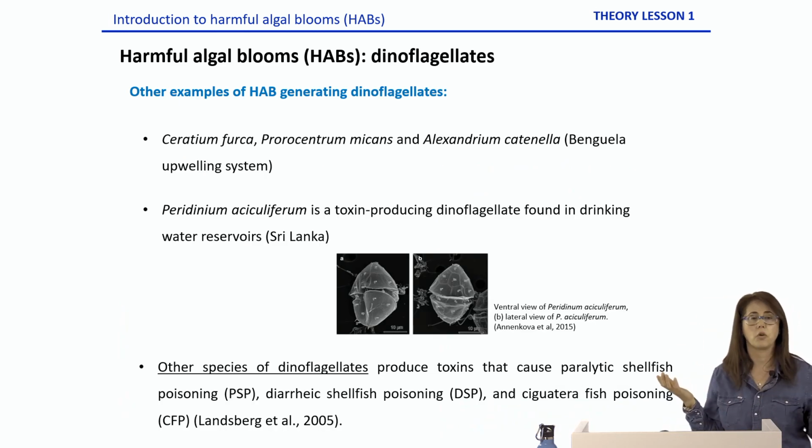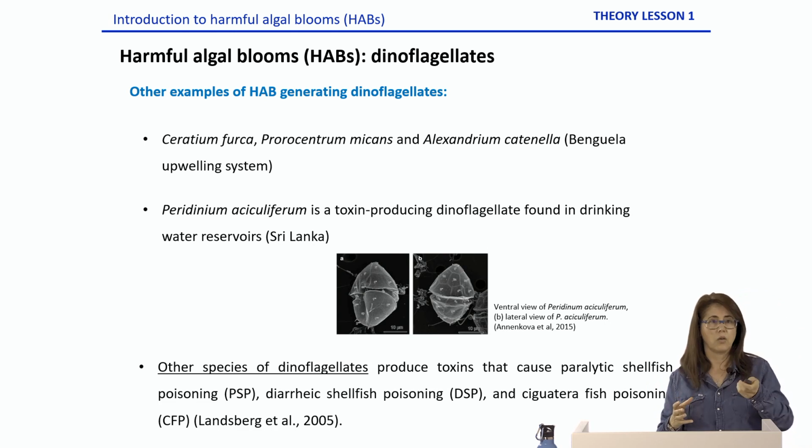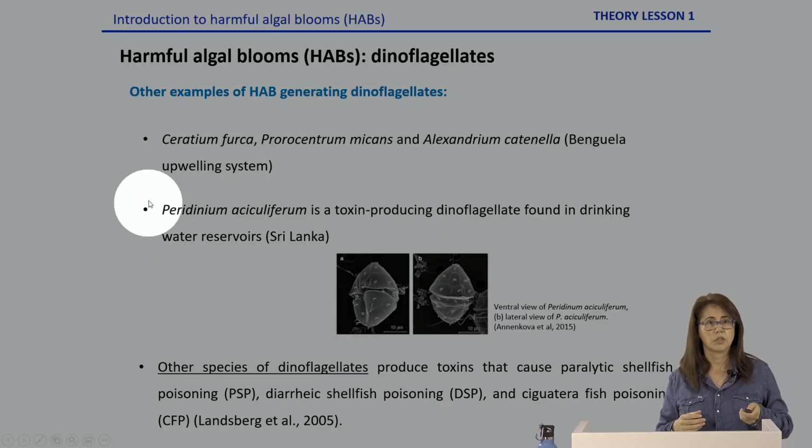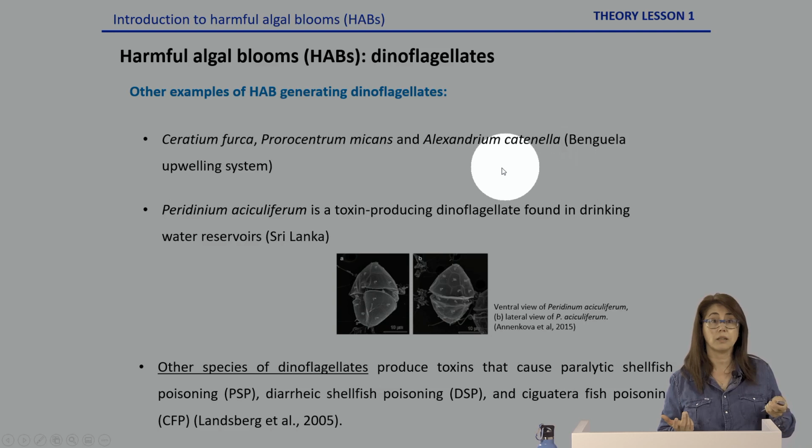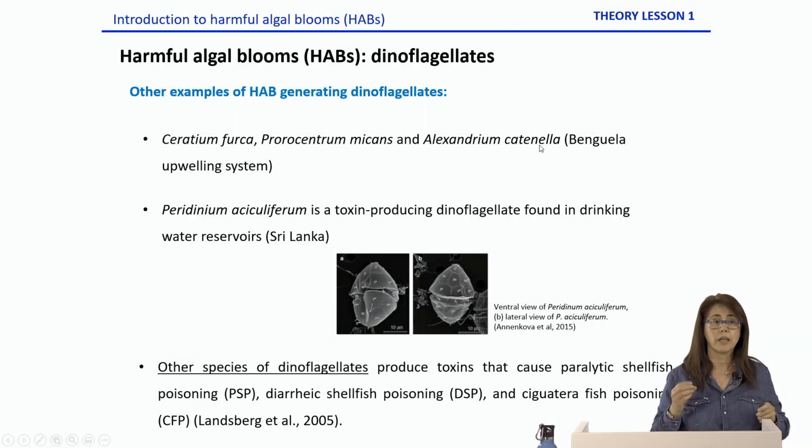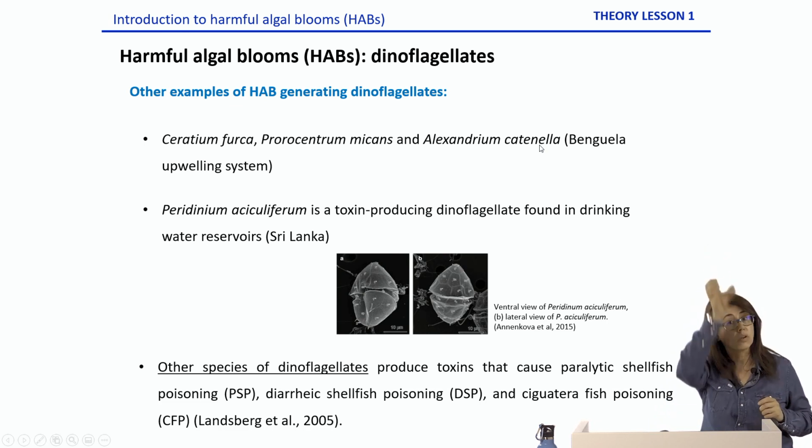Other examples of organisms, there are many. We have, for example, these three here: Ceratium furca, Prorocentrum micans, Alexandrium catenella. These are typical in the Benguela upwelling system. And actually this Alexandrium catenella is not found along the full coast where the upwelling system is located.